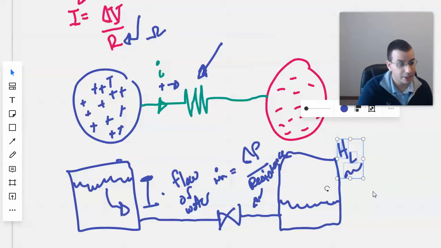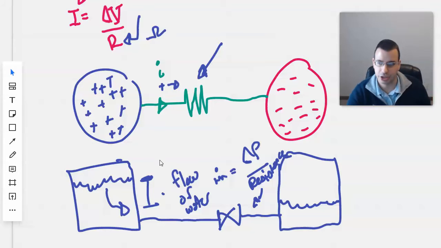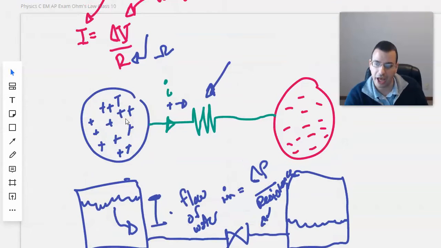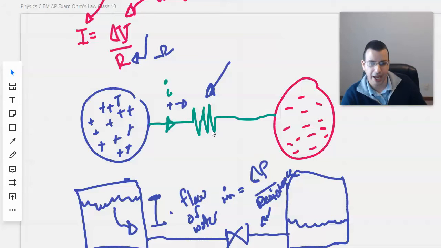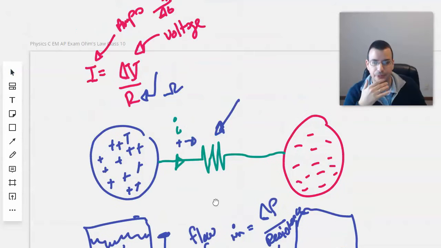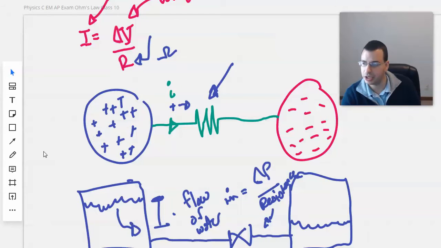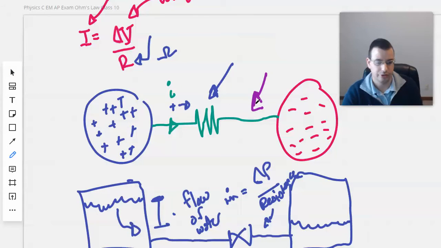And so you have the same situation, or a similar situation, with electricity, where you have a bunch of positive charges and a bunch of negative charges, and then you have some resistance to flow in the middle. Now, this right here is a wire.